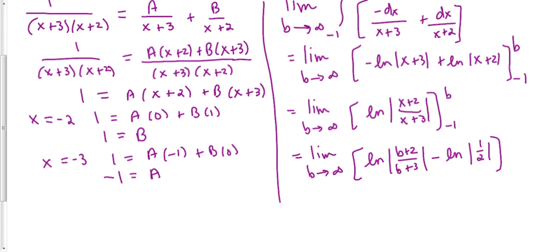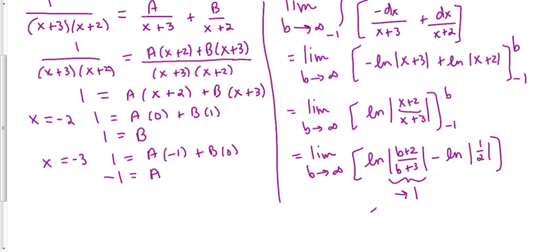Well, now we can evaluate the limit part as b approaches infinity. As I look at this part, when b approaches infinity, all that's going to matter are the leading terms, which are going to be b's if I use end behavior modeling. So this is really going to go to 1 as b goes to infinity.